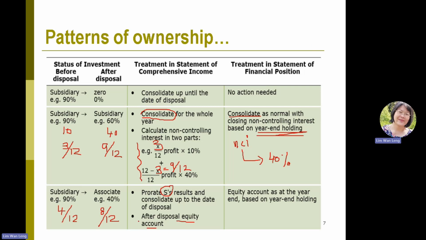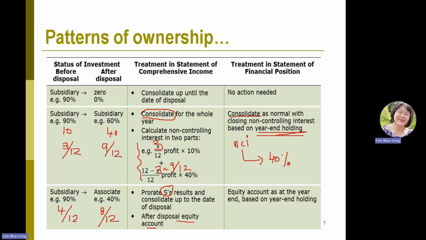So if you visualize your consolidated SOPL, you take H plus S times 4 out of 12, let's say for revenue. Then somewhere down the line, you should have share of profits from the associate. Agree or not? Then you will also do the pro rata with respect to the profits attributable to the NCI.